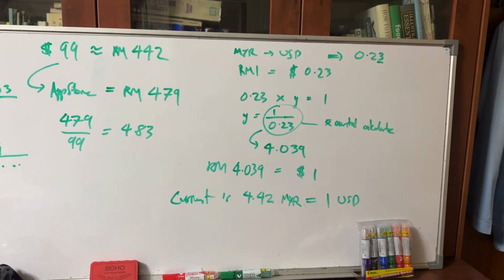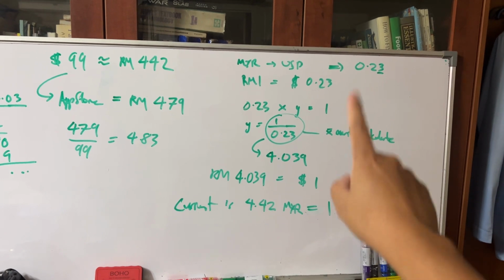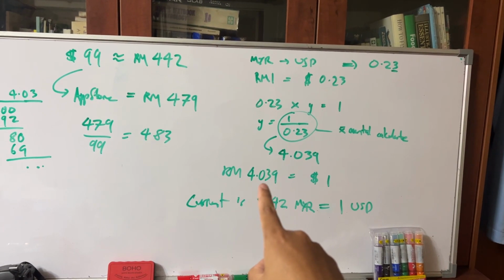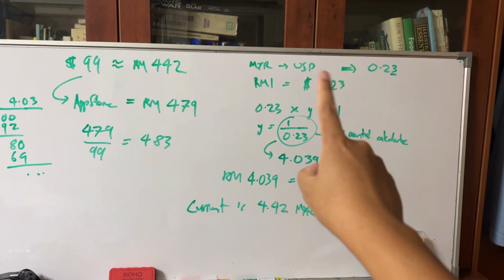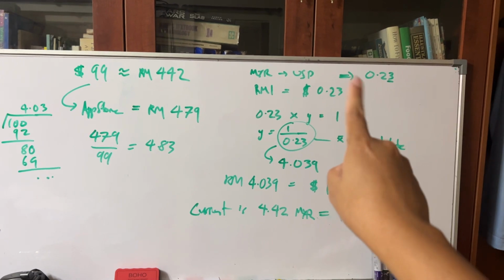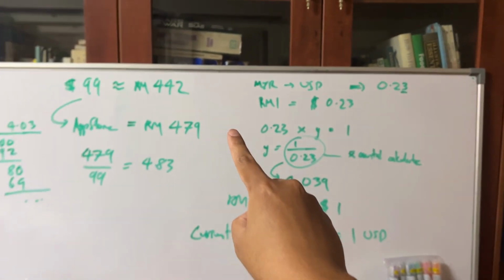But if you do get this decimal value, you just need to take 1 divided by this, and then you will get that. Because this is the bigger currency value, you want to change it into 1, so you need to multiply with something. This also gets multiplied with something.